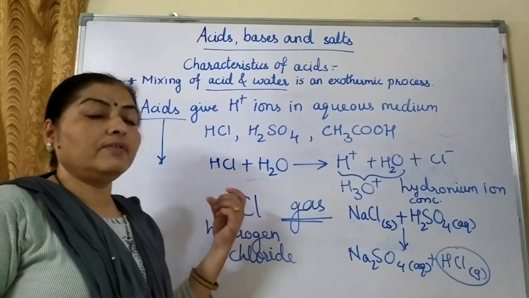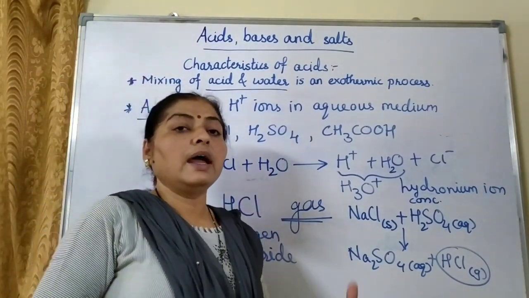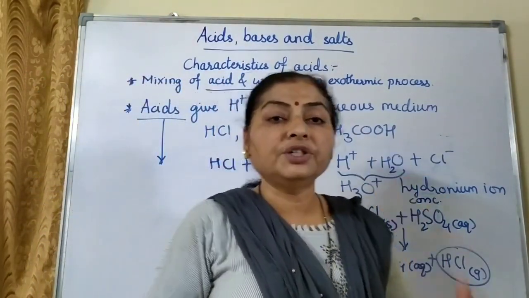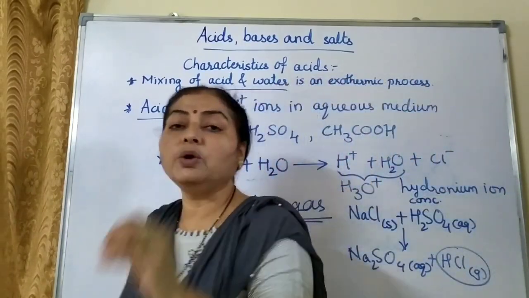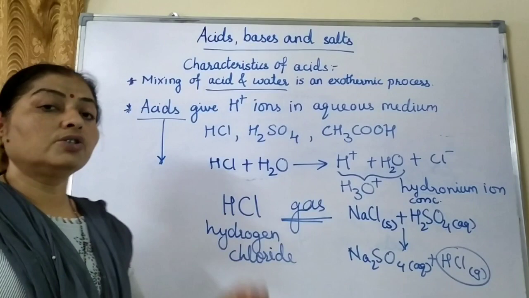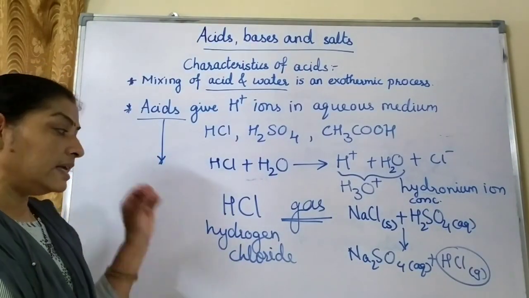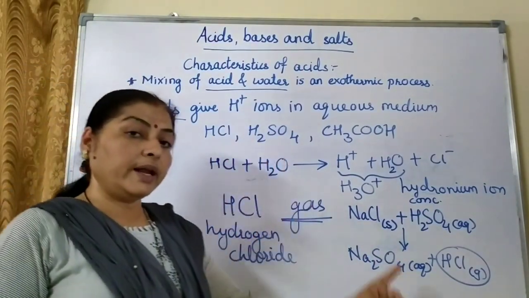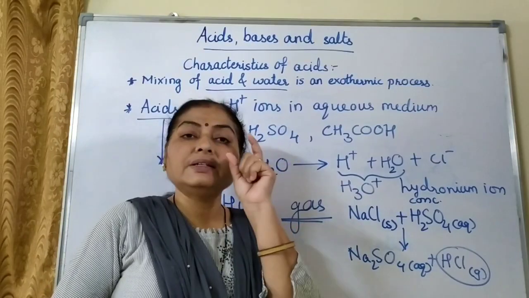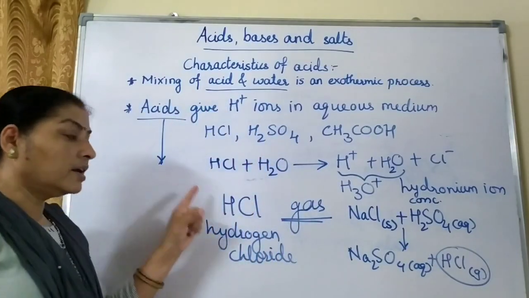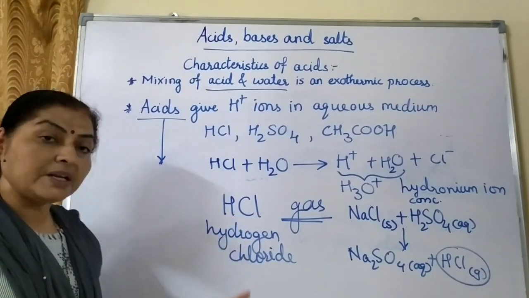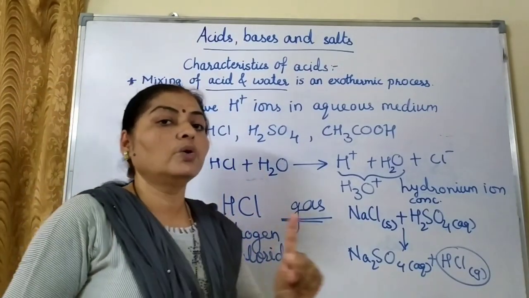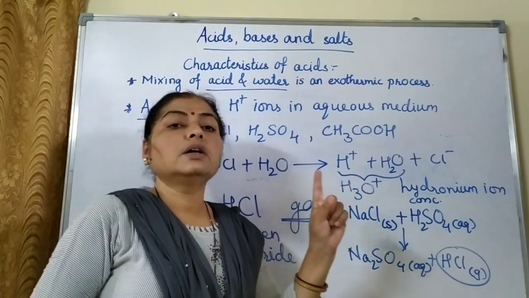So HCl, if it is in the gas form and if it is not having any moisture, then it cannot turn the color of blue litmus paper to red. If it is dry HCl and the paper is also dry, it will not show any change in the color.